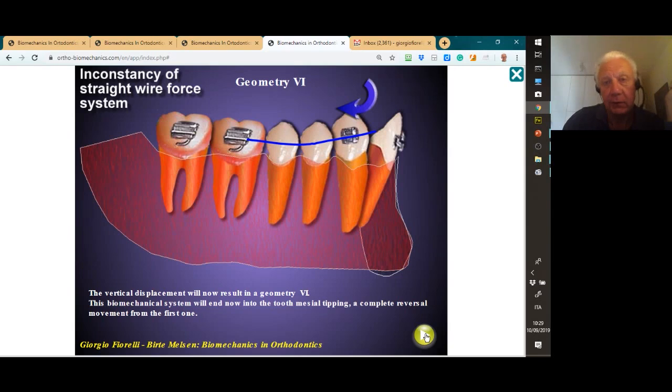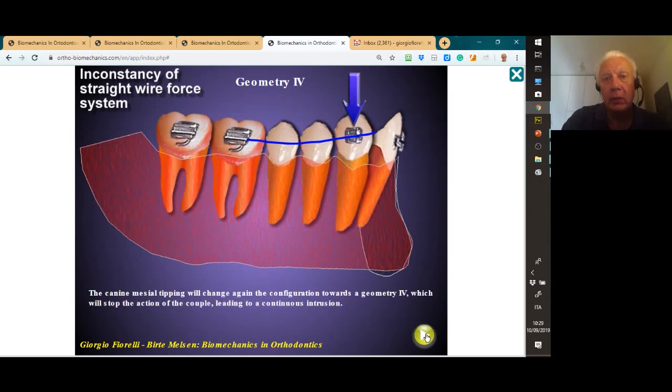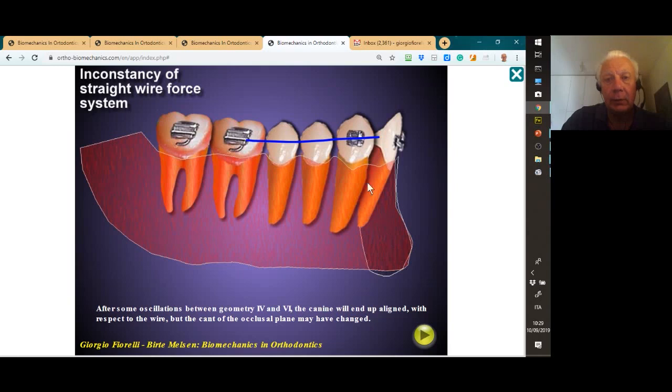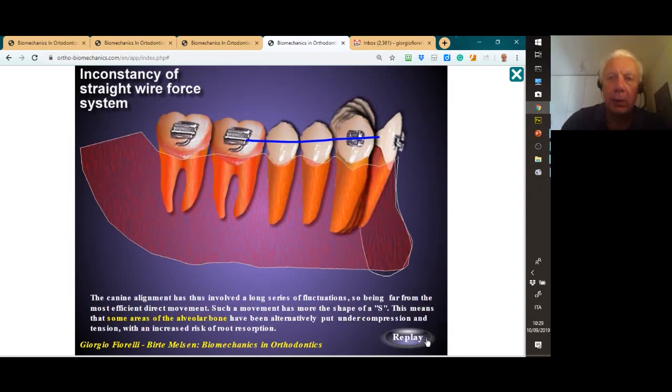Now we have this V like this with the center in the middle, and the molar goes now uprighting in the opposite direction. Here we get in a stage where there is an undulation between geometry 4 and geometry 6 until we have a full alignment. But if you look at this, we have an S shape, and this is a condition where we have a jiggling.